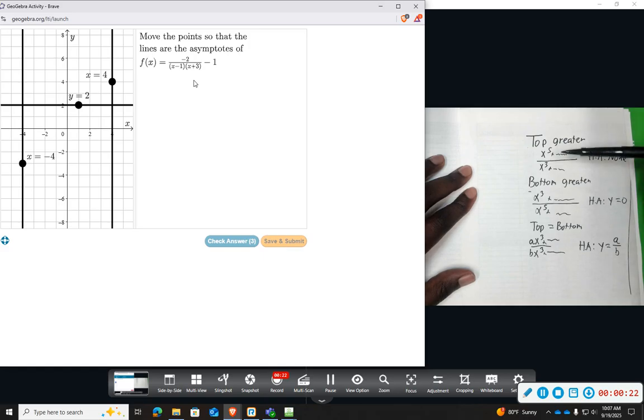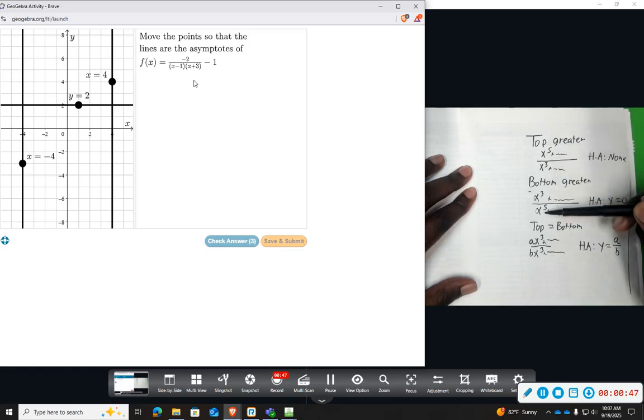So if you have a rational function, you look at the degree of the numerator and denominator. The degree is the highest exponent that you see on the variable that you have as a function of. If the top is greater, the horizontal asymptote is none. We don't have one when the top degree is greater than the bottom.